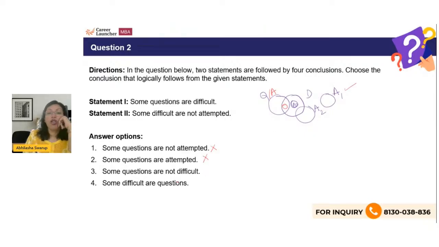Some questions are not difficult, but again, there are some questions which are difficult, so there is an overlap, so not valid. Some difficult are questions, yes, possible, but that is the only one that is possible because that is a direct conversion. Remember, conversions are valid. So answer will be 4. Only the fourth one is possible.